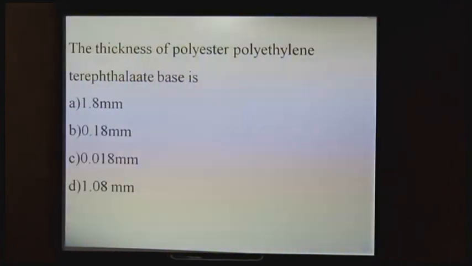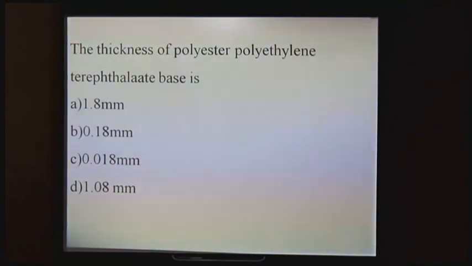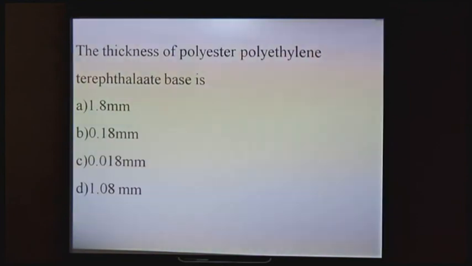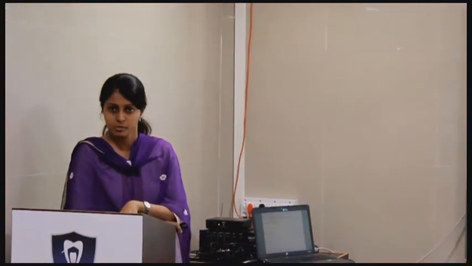The thickness of a polyester polyethylene terephthalate base is. Your IOPA film is composed of silver halide crystals and a base. And you have a gelatinous base, a carrying medium. Your silver halide crystals include silver iodide, silver bromide, grains of silver and some impurities such as sulfur to block the remaining portions.